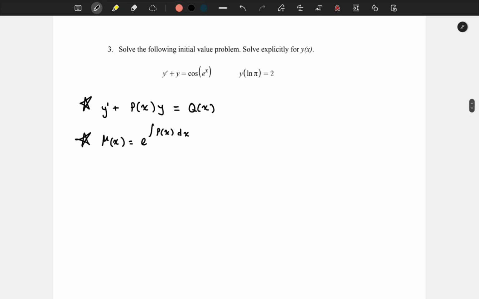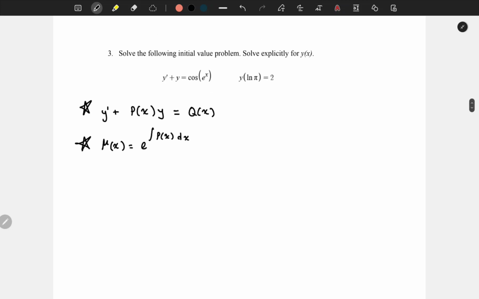So the first thing to do is make sure that we manipulate this differential equation so that it is in this form. And we can see that it pretty much is in that form right away. We have the y prime plus the y, and technically you can think of this as 1 times y, meaning that the 1 is our p of x, and this is our q of x.